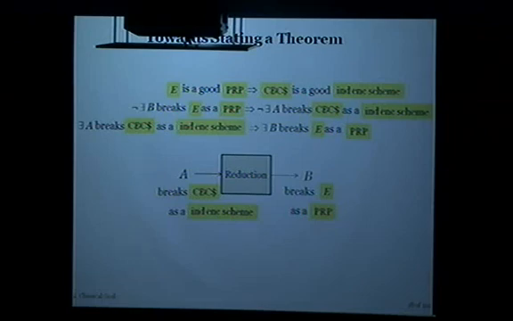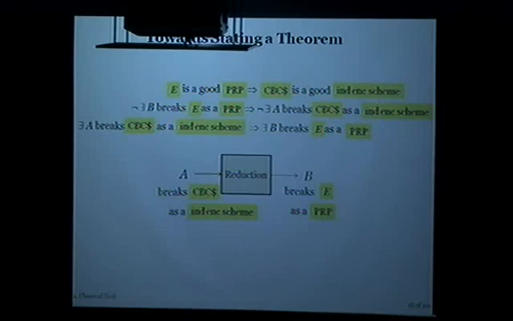If I can show, what am I trying to show? That if E is a good PRP, then CBC $, based on E, is a good IND secure encryption scheme. In other words, if there does exist an adversary that breaks CBC $, the higher level goal, the encryption scheme, as an IND secure encryption scheme, then we've got to exhibit an adversary B that breaks the underlying block cipher E as a PRP.